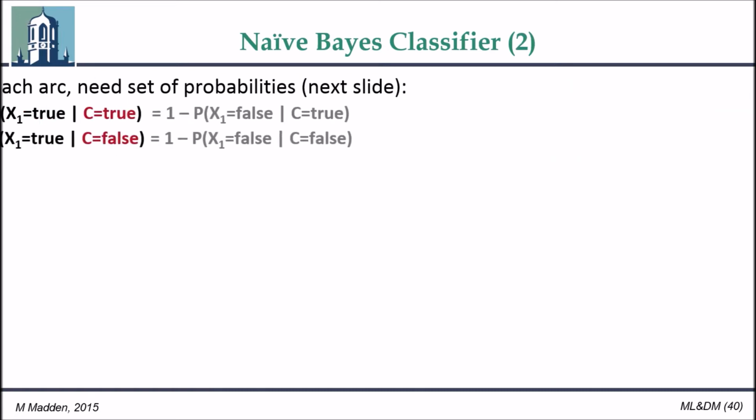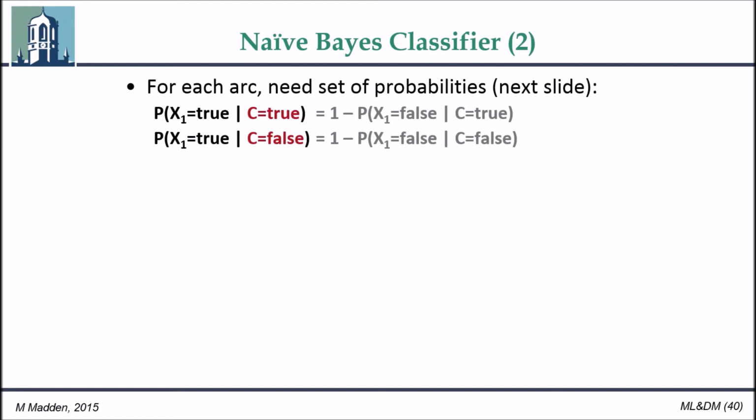So, for the little diagram, for that Bayesian network, that naive Bayes classifier that I drew a minute ago, for each arc in it, going from a class node down to a variable x1, we need to annotate it with a set of probabilities. And here is what the probabilities are.